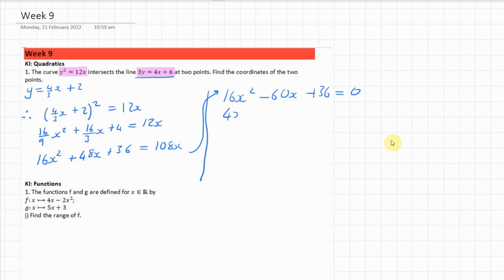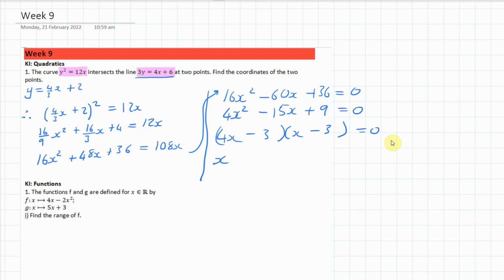So I should get 4x squared minus 15x plus 9 is equal to 0. And then I think, let me see, I go 4x, x, minus 3, 4 times 3 is negative 12, yeah, I think that's it, equals 0.